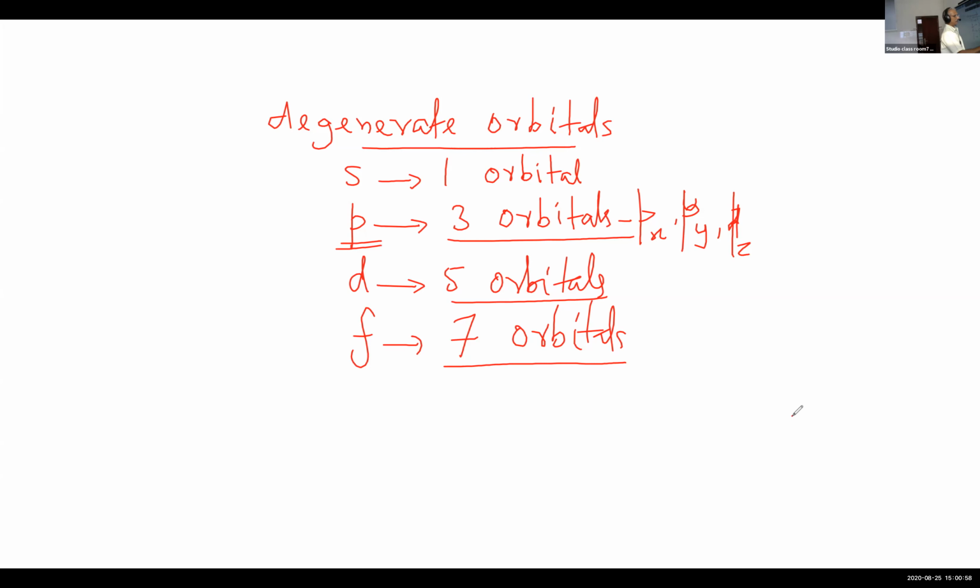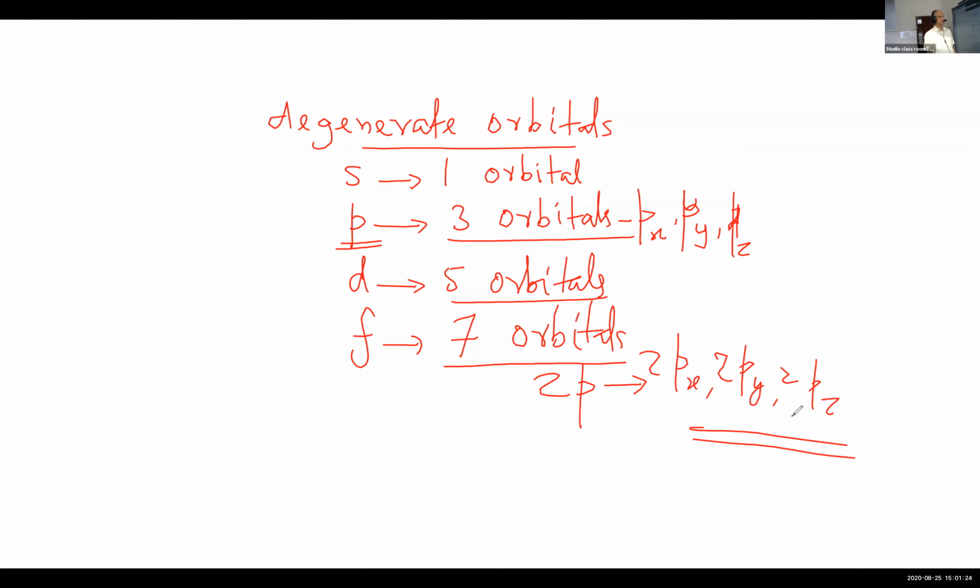For example, you take 2px, 2py, and 2pz. In the 2p subshell, 3 orbitals are possible: 2px, 2py, and 2pz. And these orbitals are having the same energy.